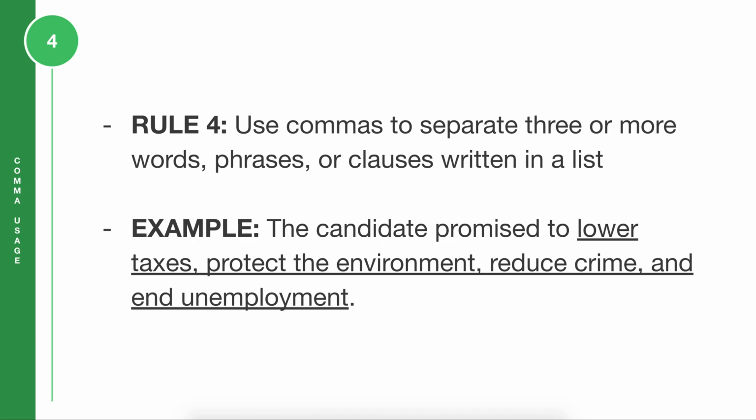Let me tell you why. First off, most tests are going to require that you put a comma there. So if you're worried about the SAT test, if you're worried about the ACT test, those tests require that a comma goes in that last position. Additionally, I believe that it adds clarity to our sentence. To add more commas, it helps reduce confusion.